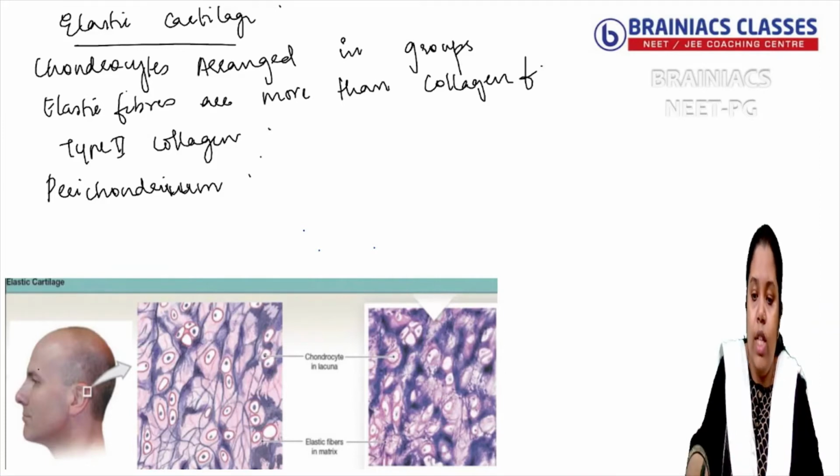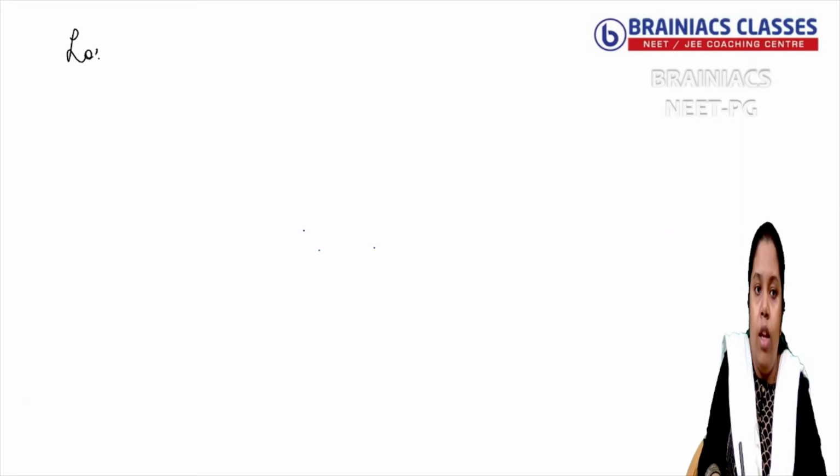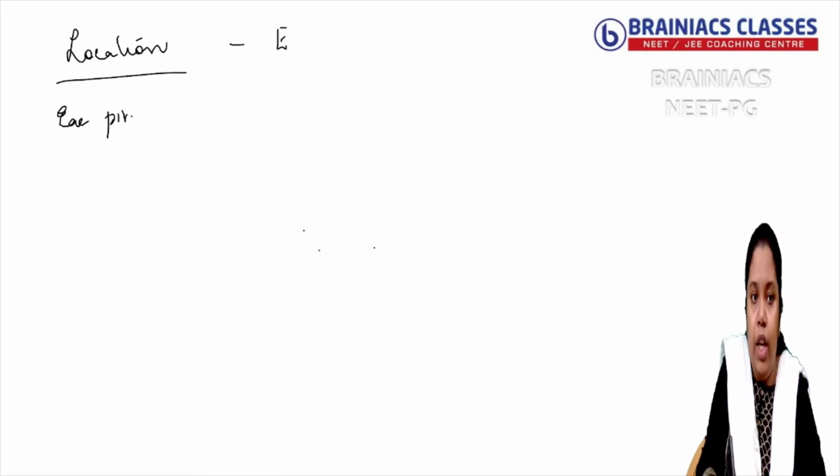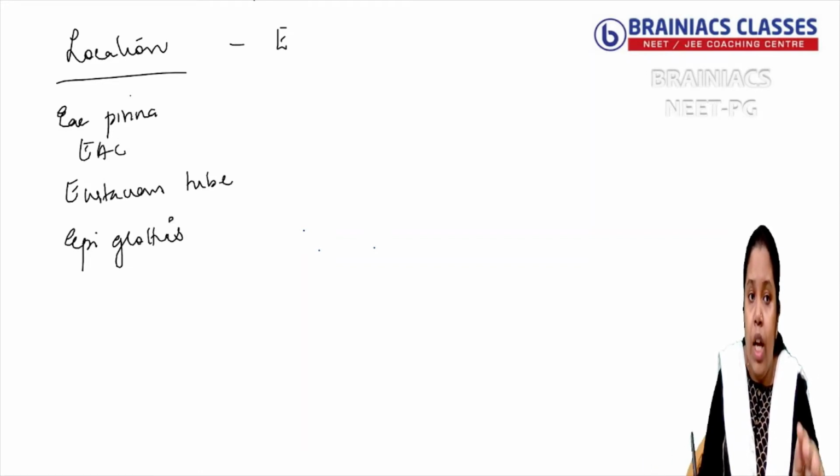Now, where is the location? Where can you see elastic cartilage? Everything that comes with E: the ear pinna, the external auditory canal, the eustachian tube, and the epiglottis will have the elastic cartilage.